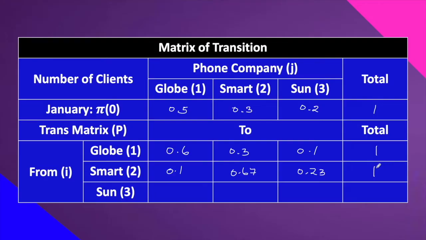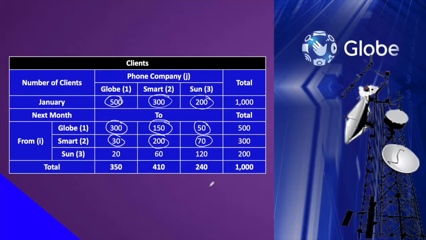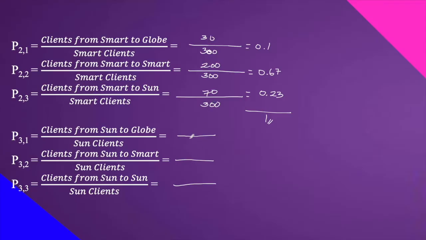Total is 1. Next, for P sub 3, 1, clients from Sun to Globe divided by Sun clients. Actually, all of them are divided by Sun clients, so we can divide them all. Based on this, we have a total of 200 Sun clients. So, let's have a denominator of 200 for this formula.